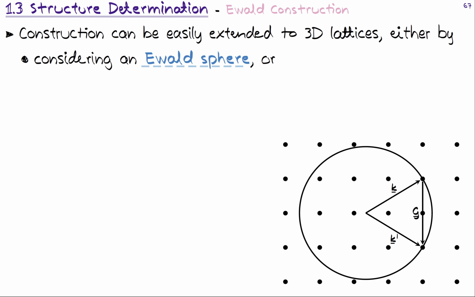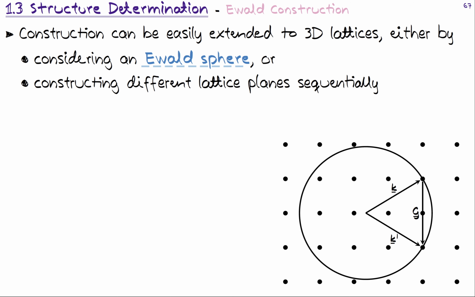Basically, we can either consider an Ewald sphere, so instead of drawing a circle we would make a sphere in three-dimensional space, and instead of a plane of reciprocal lattice points we would have a 3D configuration of them. Or another way of thinking is that we would construct different lattice planes sequentially, drawing things one plane at a time, and then we could actually do the construction.